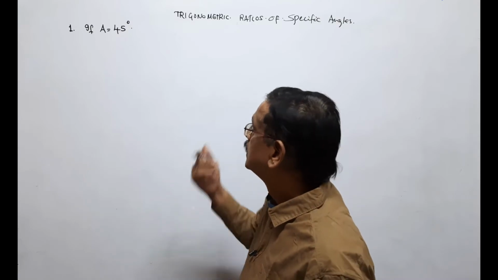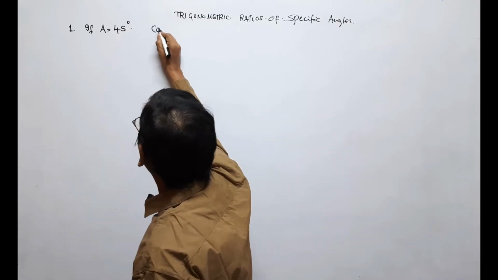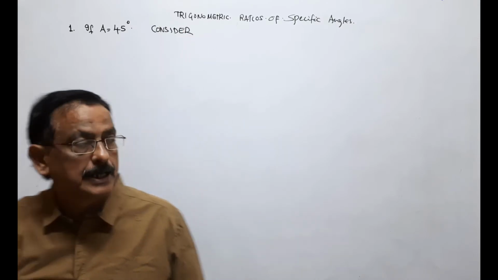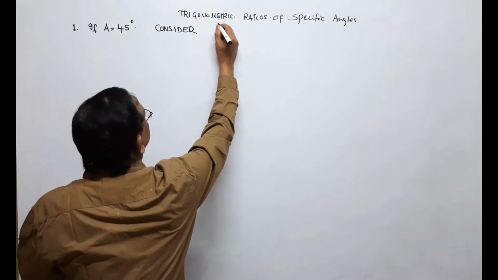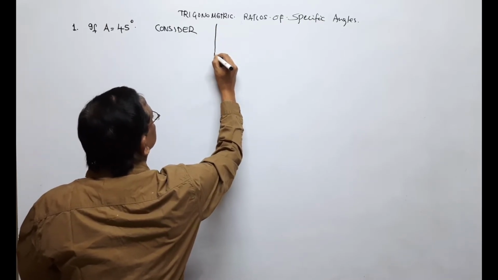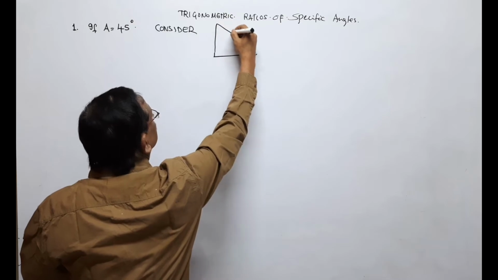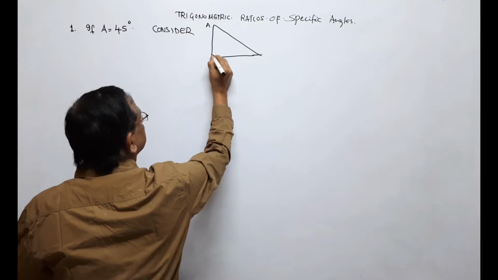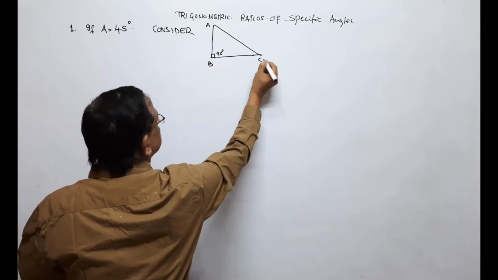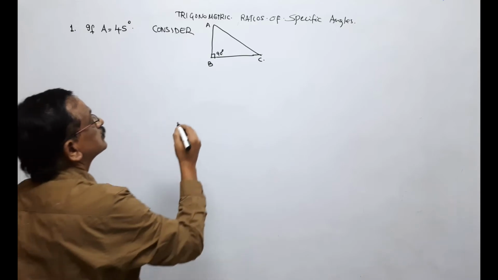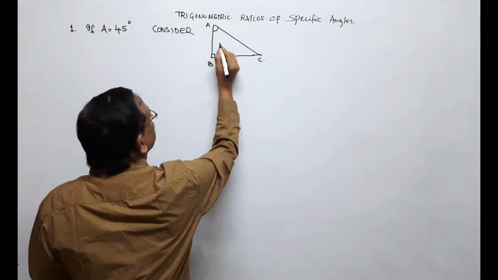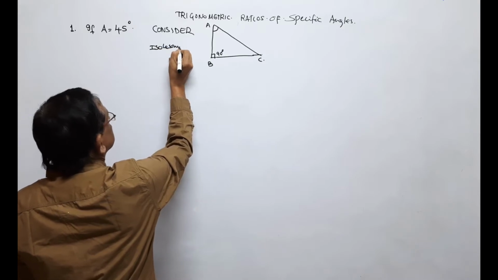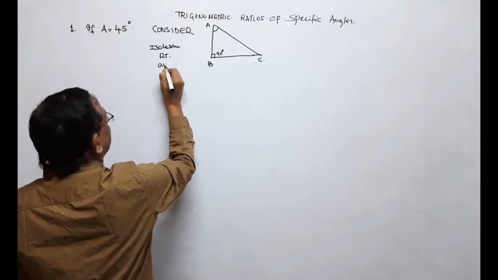How can I do that? For this, let us consider a triangle ABC, where B is 90 degrees. So, I'm considering an isosceles right-angled triangle.